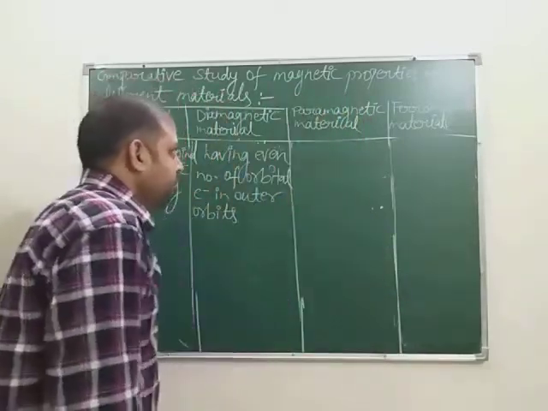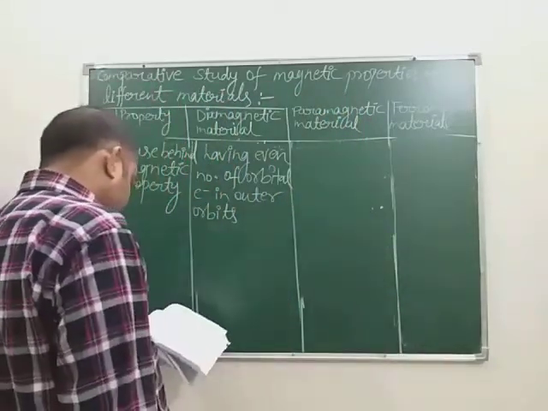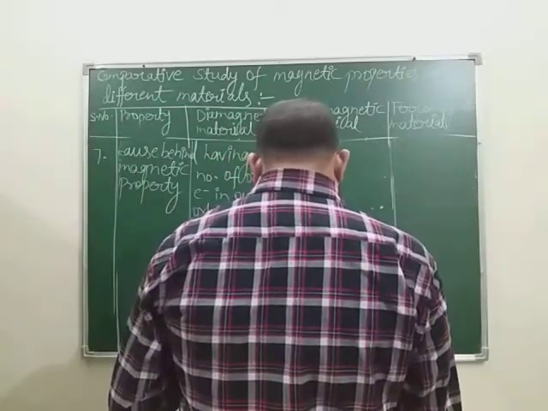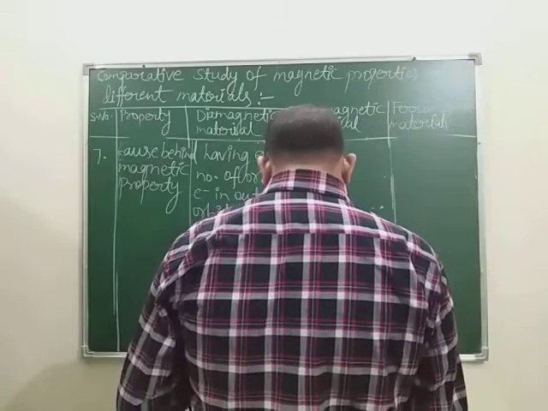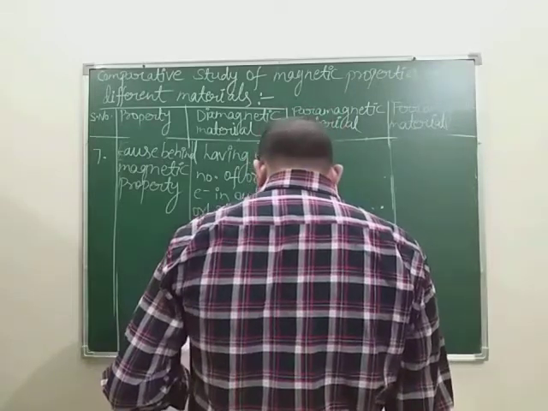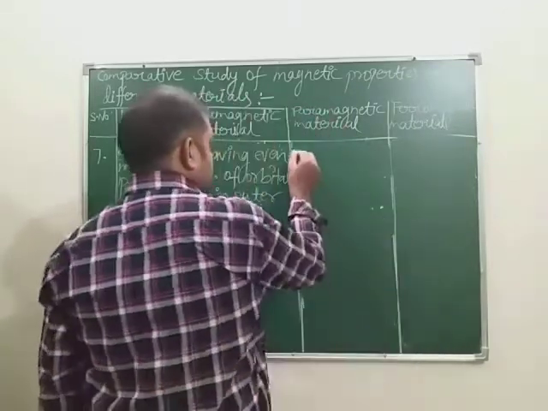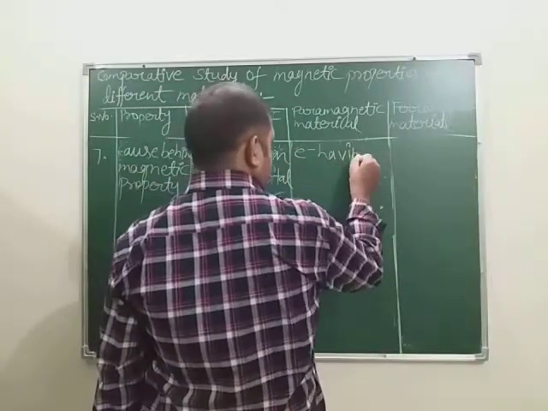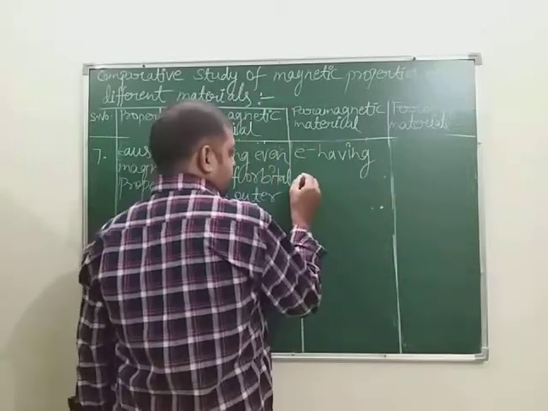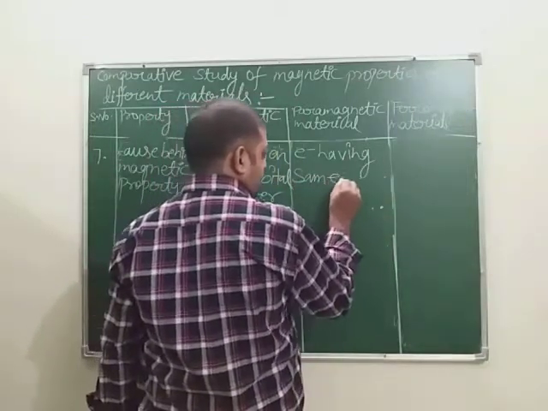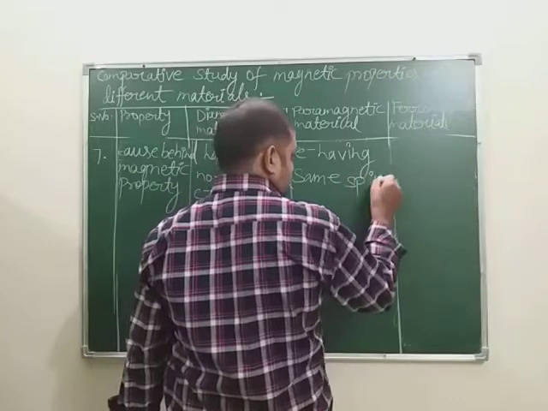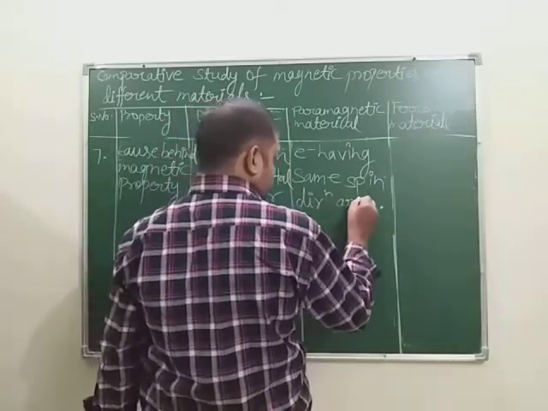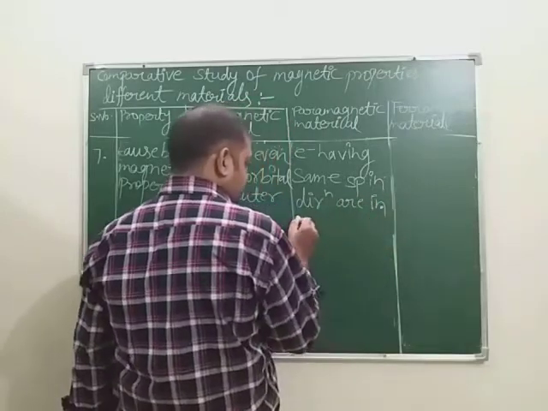Okay, in a paramagnetic substance, write down: electrons having the same spin direction are in excess.